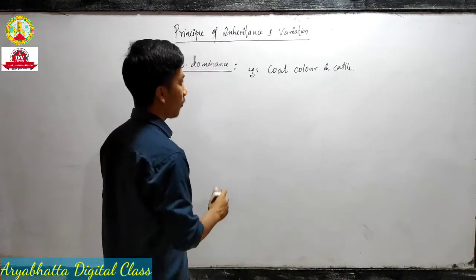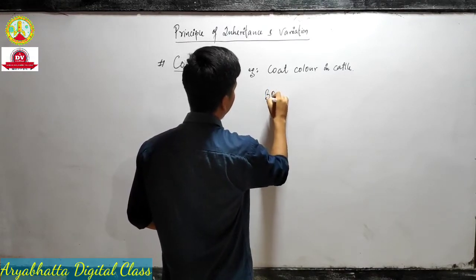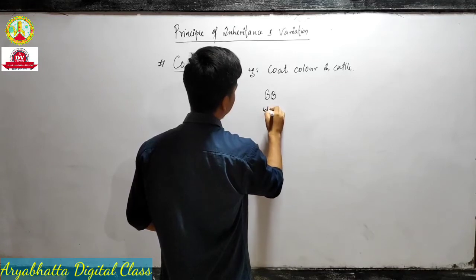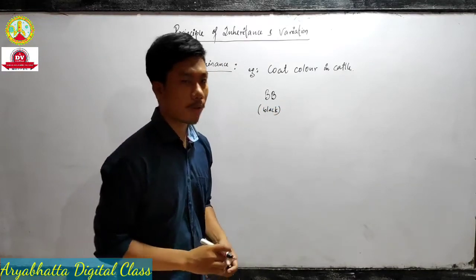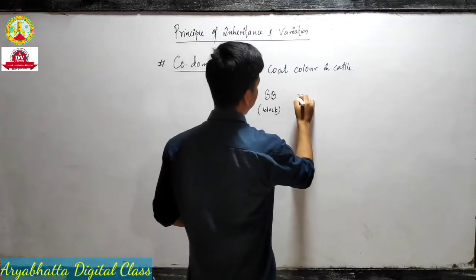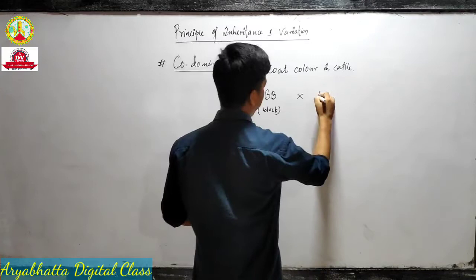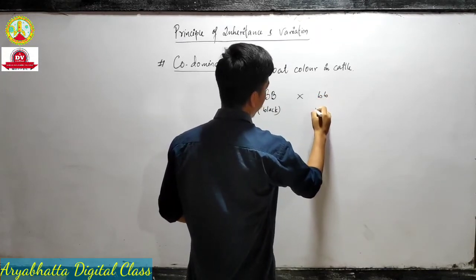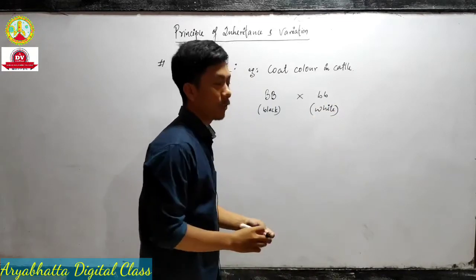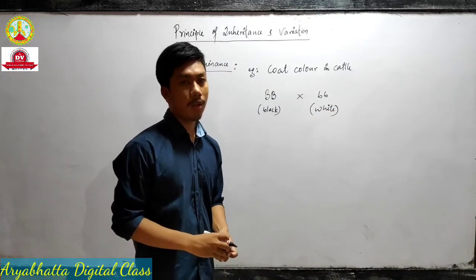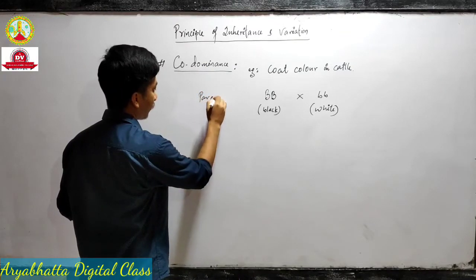Okay, what happened in case of codominance when a black color cattle is crossed with white? We will write the white with small b, right? So white color is recessive. When the dominant black color is crossed with the white color recessive, so that is our parents.